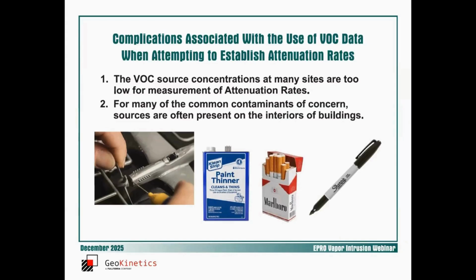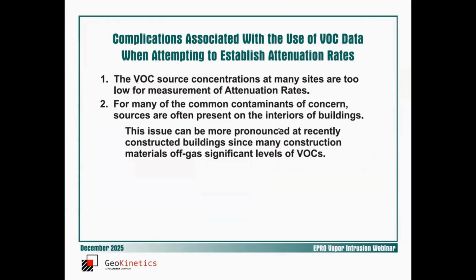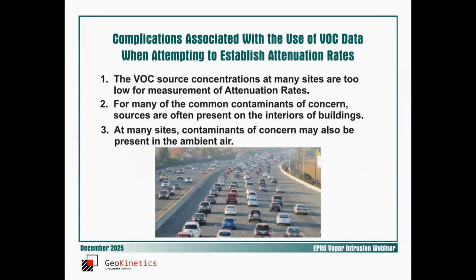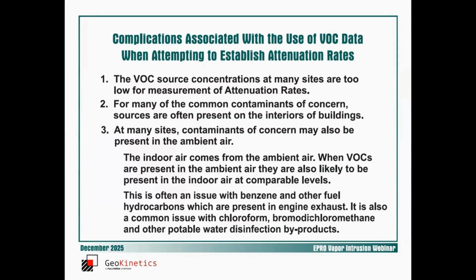So the compounds that are present in the soil gas are often present on the interior of the buildings already, especially with newer construction. And the third issue, in an urban area, we've got fuel hydrocarbons, and we've got off-gassing from disinfection byproducts that we typically find in indoor air, and it's hard to tell what might be from soil gas and what's not.